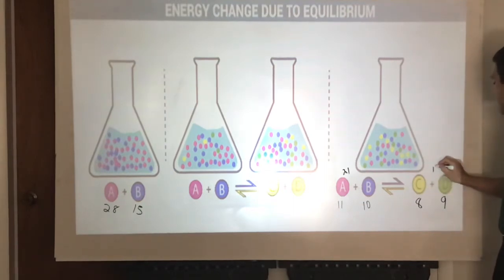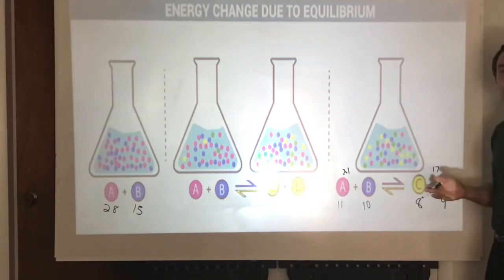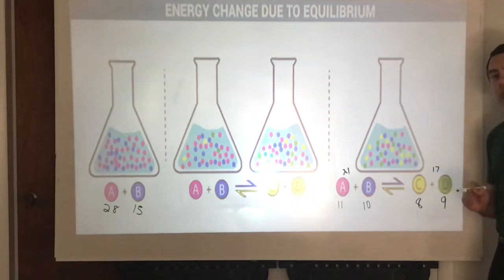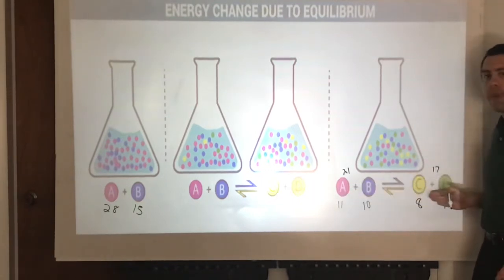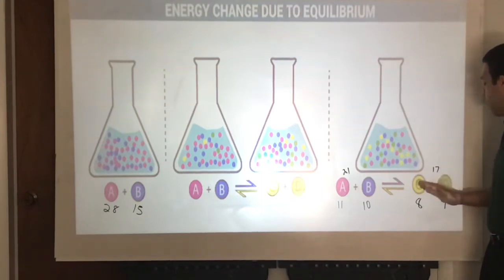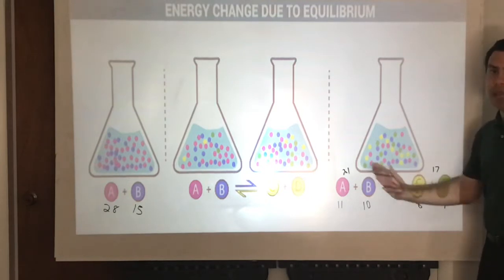We only have 17 C's and D's, but we've reached equilibrium because the rate of the forward reaction, so the rate in which A's and B's become C's and D's, is equal to the rate of the reverse reaction, the rate that C's and D's become A's and B's.